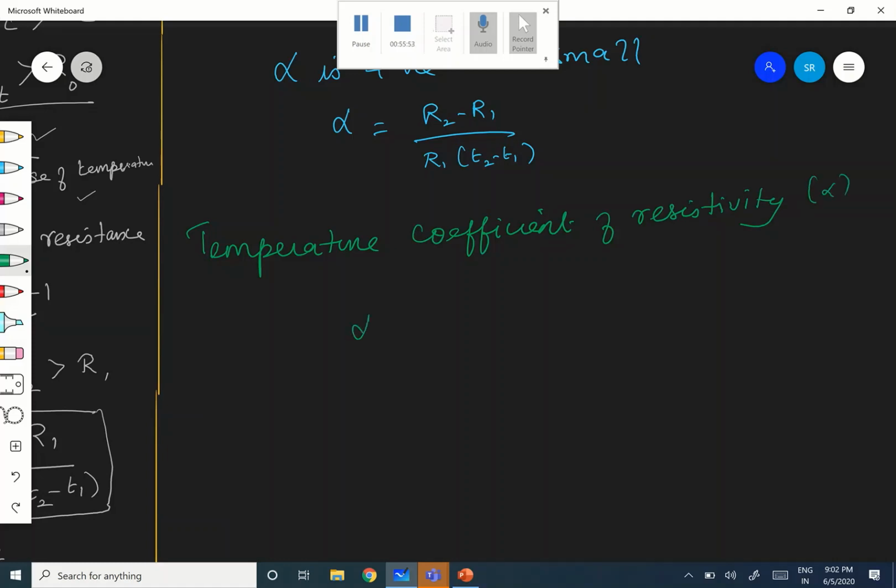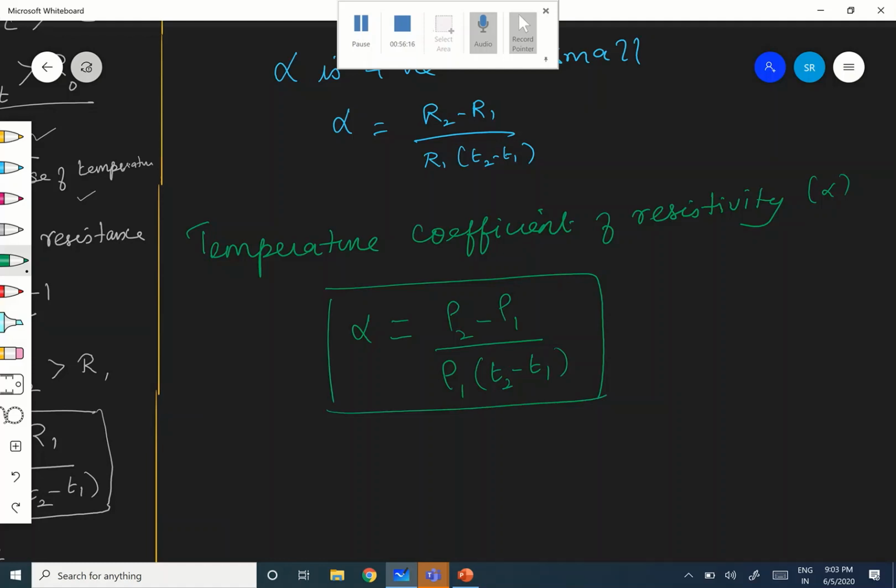Alpha is nothing but the increase in resistivity per original resistivity per degree rise of temperature. That's all. Are you following?